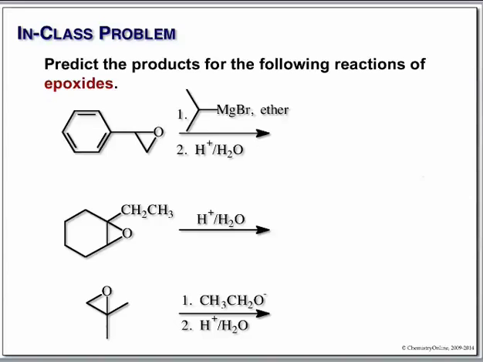Fives are too stable. But threes work best. What you're going to do in this reaction, again, is an SN2. In the SN2 reaction, all you're doing is taking our nucleophile and attacking one of the ether carbons.